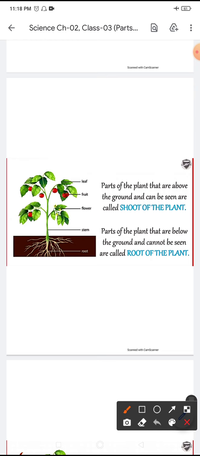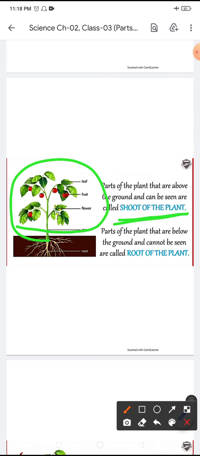Okay, see here, parts of the plant that are above the ground is called shoot of the plant. Okay, and parts of the plant that are below the ground, can't be seen, is called root of the plant.